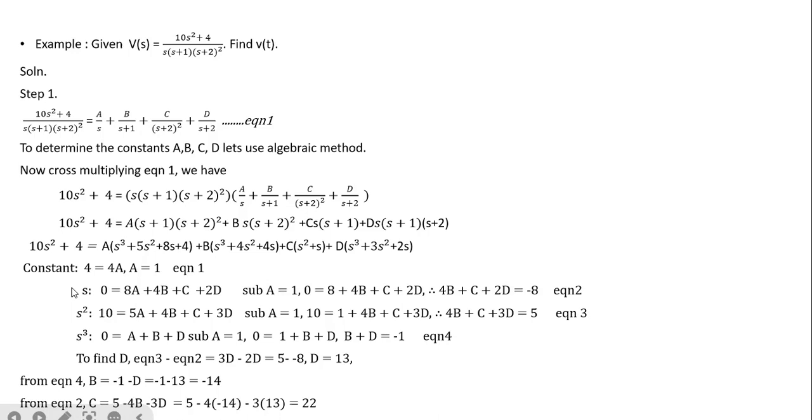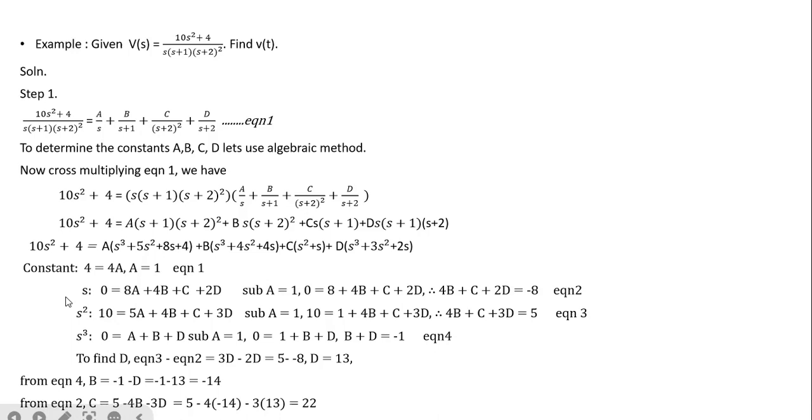Let's look at the next one, the function of x squared. On this side of the equation, we have x squared, and the coefficient is 10. Then on this side of the equation, all the coefficients of x squared: do we have x squared?